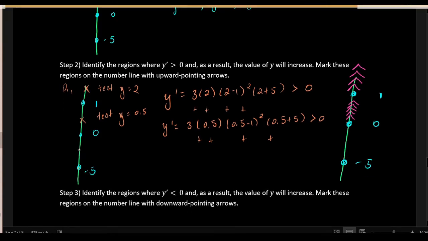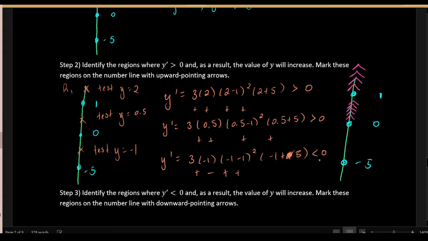Region number 3. Maybe I'll pick a test value of -1. In that region, y prime is 3 times minus 1 times minus 1 minus 1 squared times minus 1 plus 5. This is a positive number times a negative number times a positive times a positive. So in this region, y prime is less than 0.